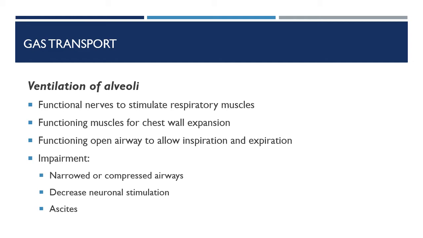Okay, so think of ventilation as just the ability to get air from the outside world to the alveoli. And anything that makes that more difficult, whether it's something stuck in your trachea, or a very large chest wall from obesity, or a very protuberant abdomen from ascites or pregnancy, will reduce ventilation.